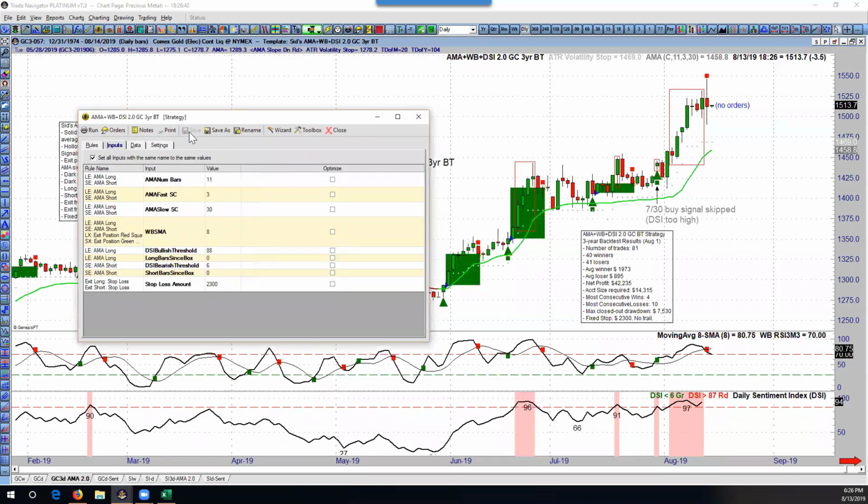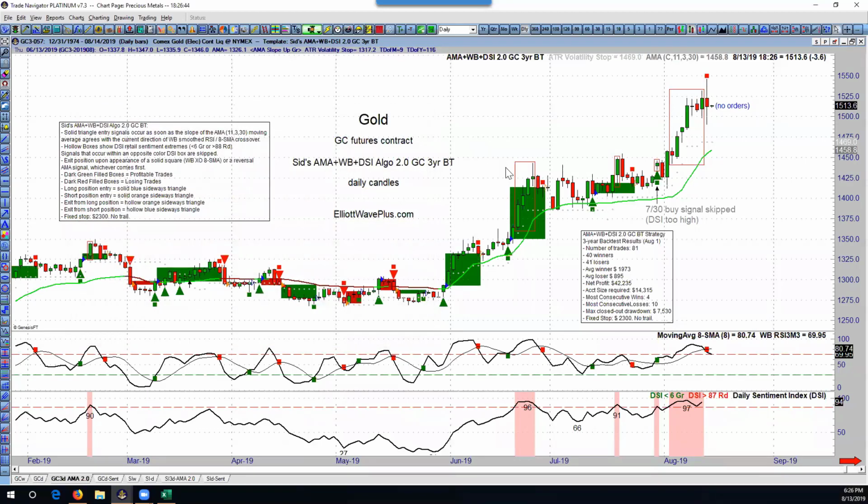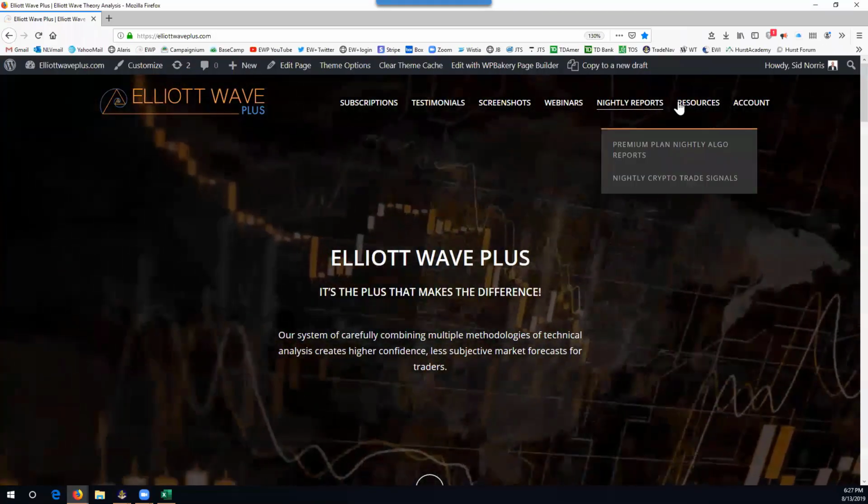So I'm going to save that, close it. What else did I want to show you? I showed you earlier, at my website, Elliott Way Plus, how to set the stop. I showed you a quick little rundown of how to set the stop.